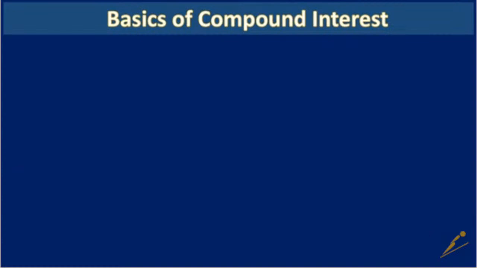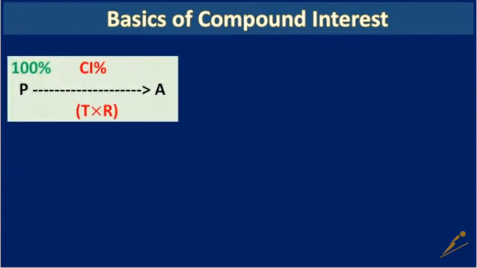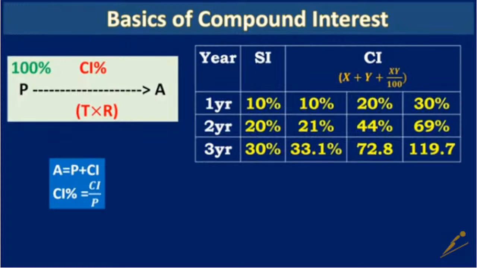Basics of compound interest. The principal, compound interest, and amount are the three main elements of compound interest. The relationship between them can be expressed mathematically as: amount is equal to principal plus compound interest. Let us assume that the annual interest rate is 10% per annum.